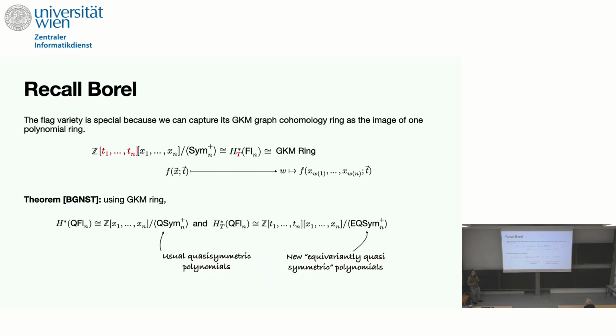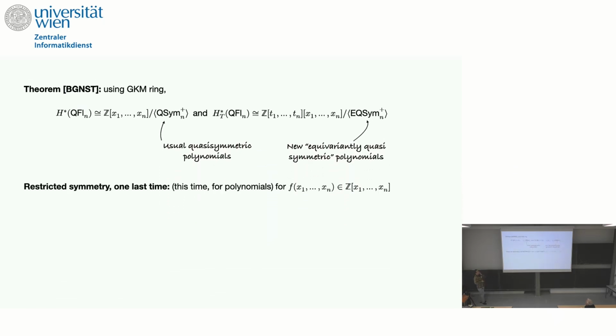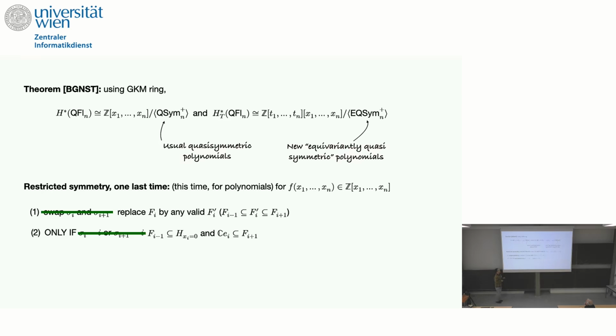If you know what quasisymmetric polynomials are, great, this can be the theorem. If not, I want to give you a final definition for what those are using restricted symmetry. So restricted symmetry for the third time, now using polynomials. I'm going to replace my conditions with something morally equivalent one more time. Now my swapping operation will just be swap variables i and i plus 1.